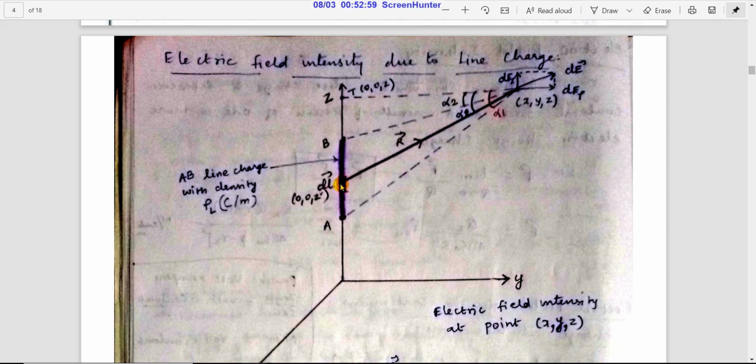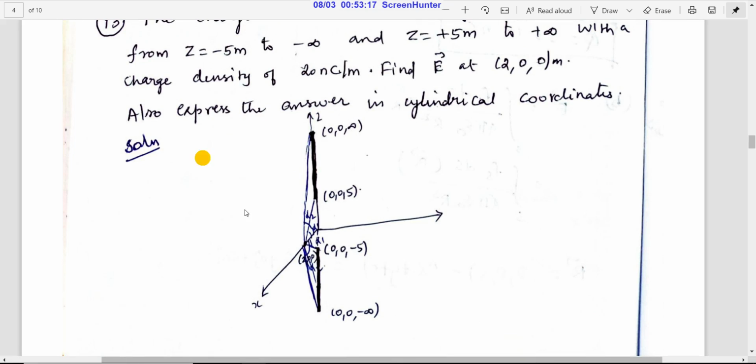And the angle between the z projection and the r vector is alpha. This we all know. You have to take this kind of representation in your diagram also.